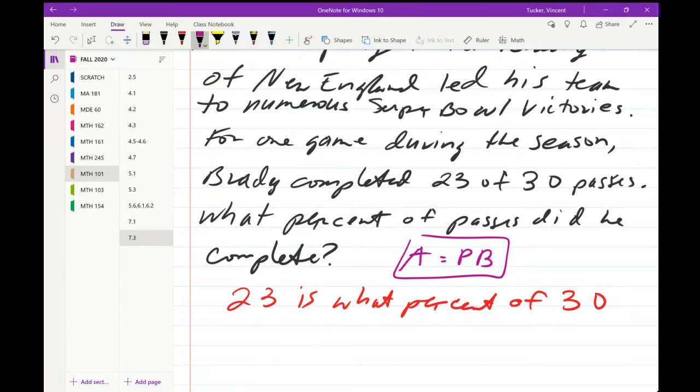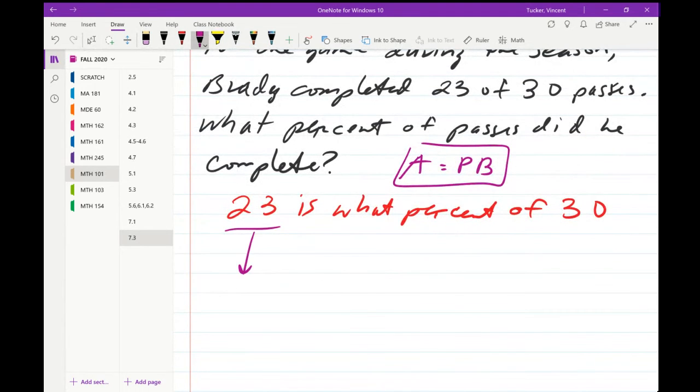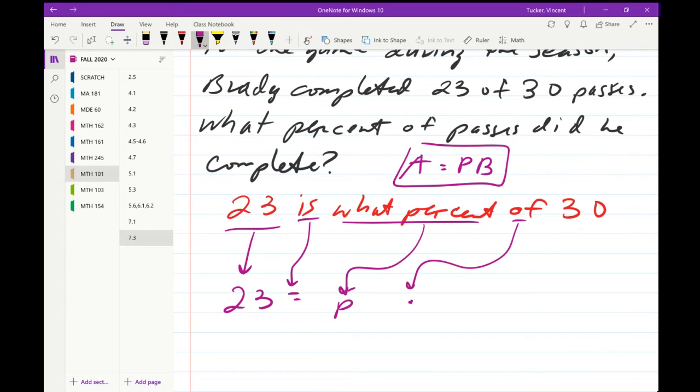Your amount is equal to percent times your base, or your part is equal to percent times your whole or total. So this is our amount or part, equal to what's unknown this time, the percent, multiplication, 30.